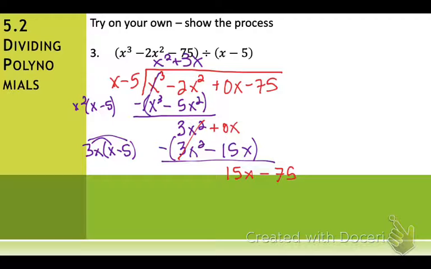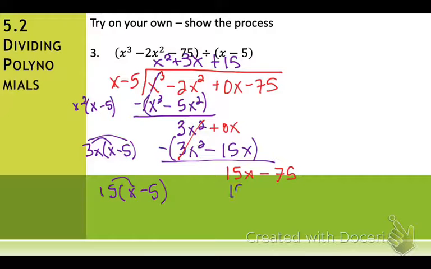And start again. How many times does x go into 15x? It goes in positive, sorry, I'm running out of room. Positive, there we go, 15 times. All right, 15 times x minus 5.